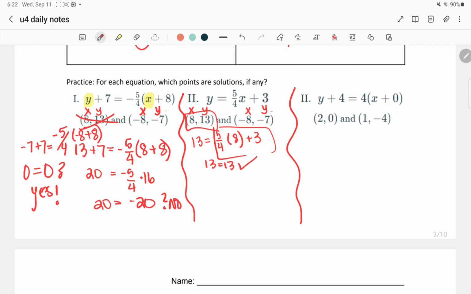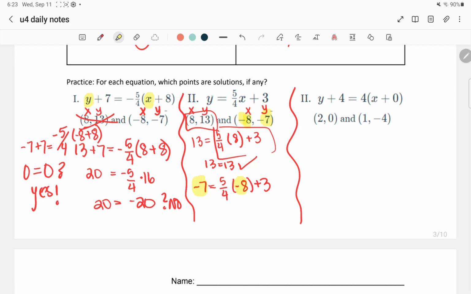What about negative 8, negative 7? I've got negative 7 equals 5 over 4, negative 8 plus 3. So notice I'm plugging in x's and y's where there's x's and y's. Okay? Nothing too crazy. Just be aware of where my numbers are coming from. Okay? Negative 8, negative 7.